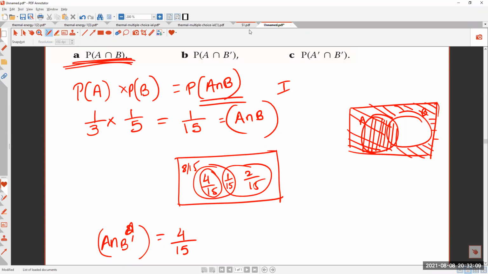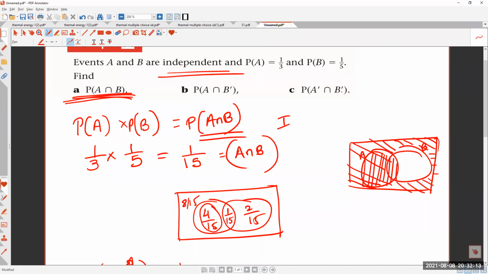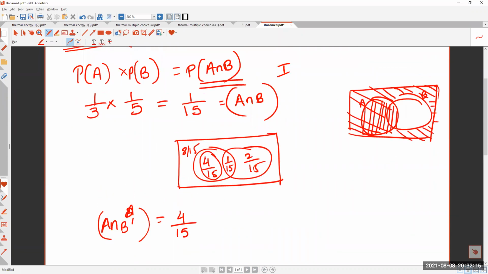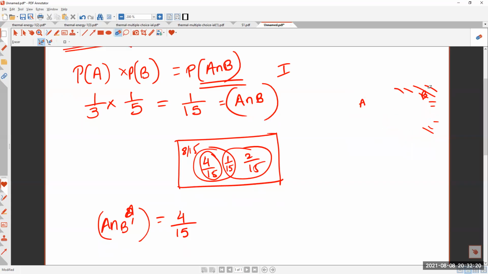Okay, let's go then. Sorry, next question, they said A complement intersection B complement. Again come to shading. Let's shade again. A complement intersection B complement. Okay? So shade it roughly. Again I'm saying shade it roughly.